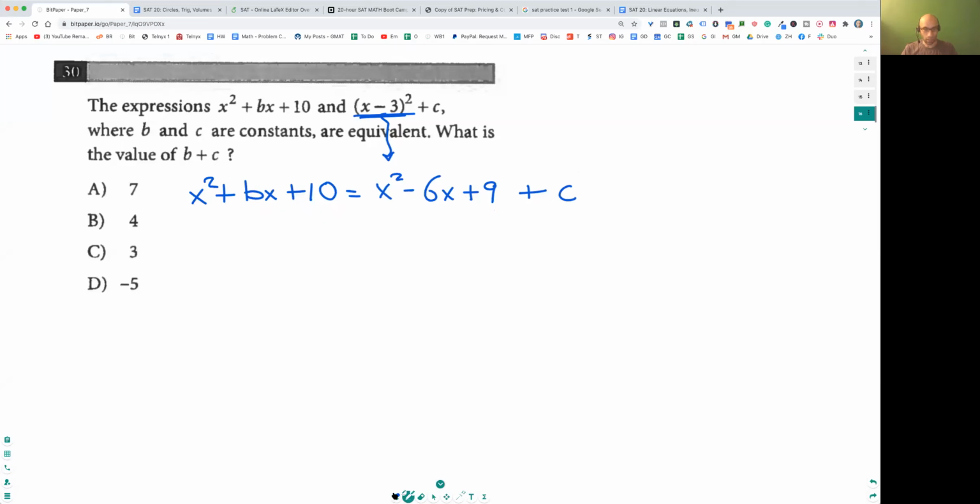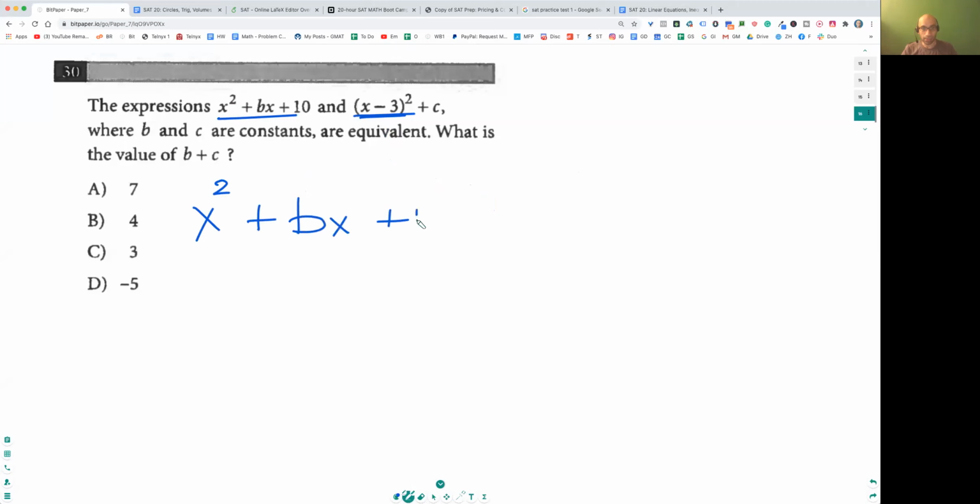I'm going to write it down over here: x squared plus bx plus 10. And then I'm going to write down x squared plus bx plus 10 is equal to this guy, which is x minus 3.